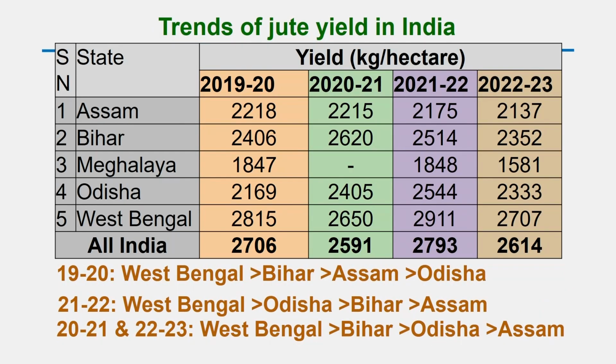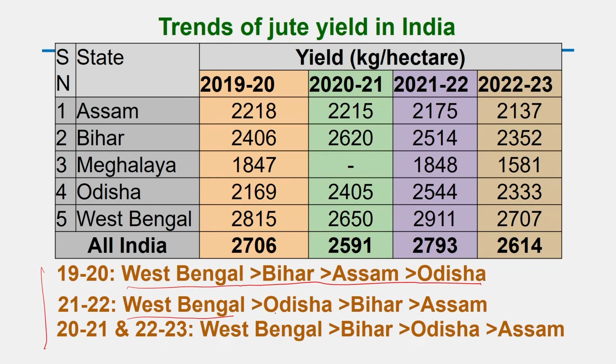Now coming to trends in jute yield in India, what are the states? So you can see from this data, the conclusion is that in 2019-20, West Bengal had the highest productivity, followed by Bihar, Assam and Odisha. Then in 2021, again West Bengal had the highest productivity.